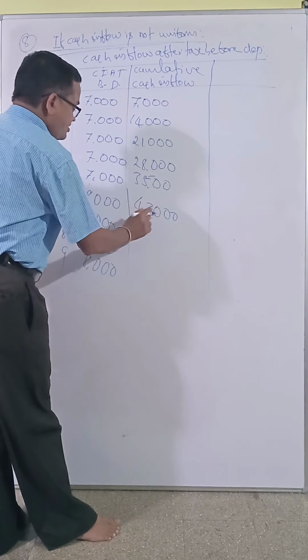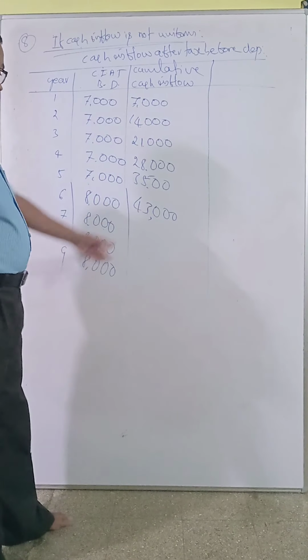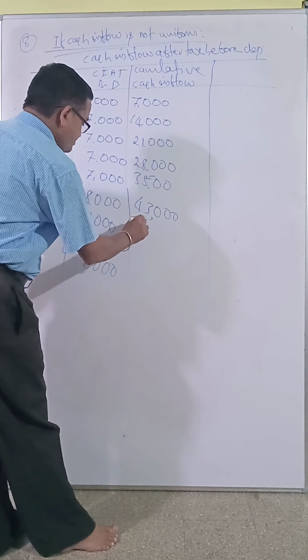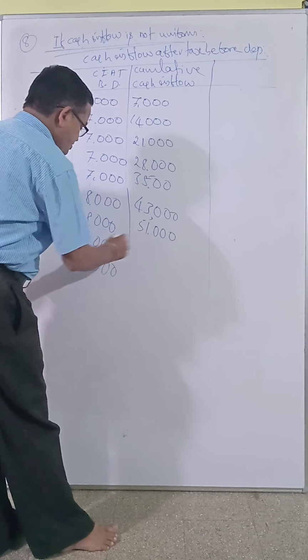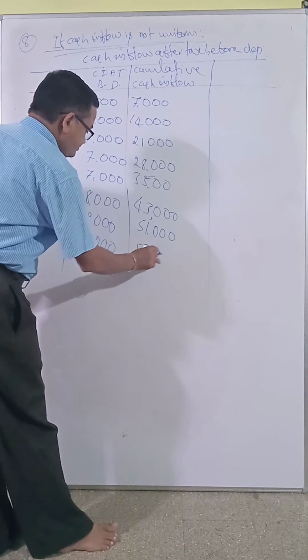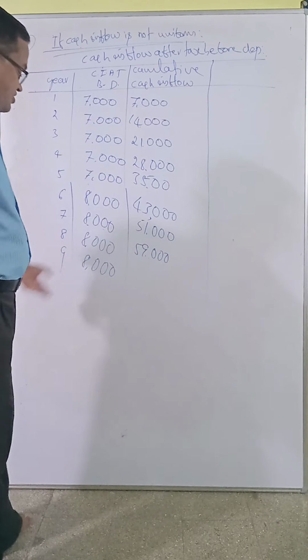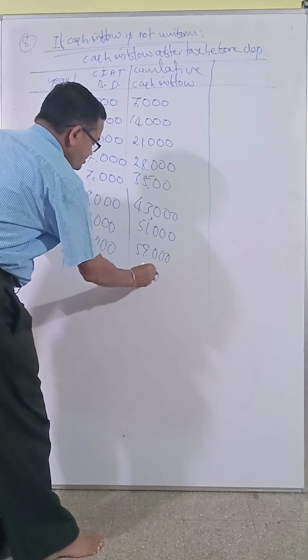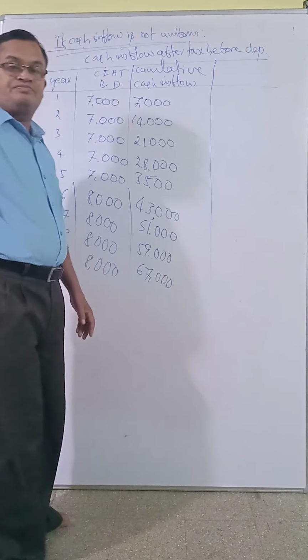Not 42, that is 43,000. 43 plus 8, 51,000. 51 plus 8, 59,000. 59 plus 8, 67,000. This is called cumulative cash inflow.